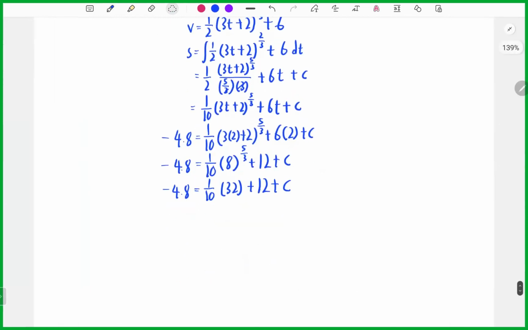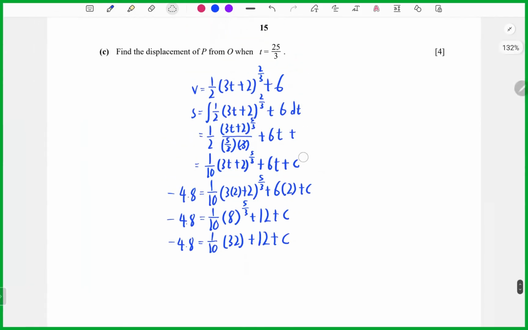Now we need to find the value of C. C equals negative 4.8 minus 3.2 and then minus 12.